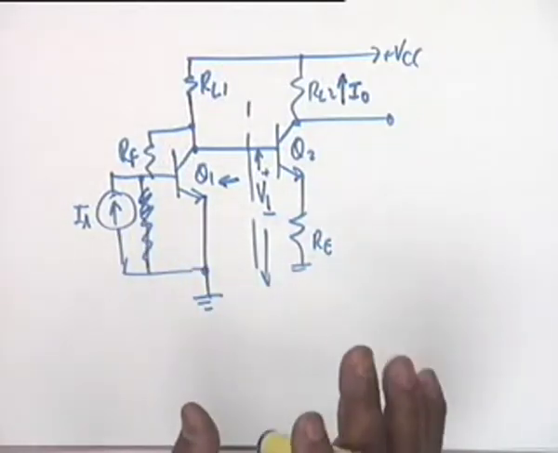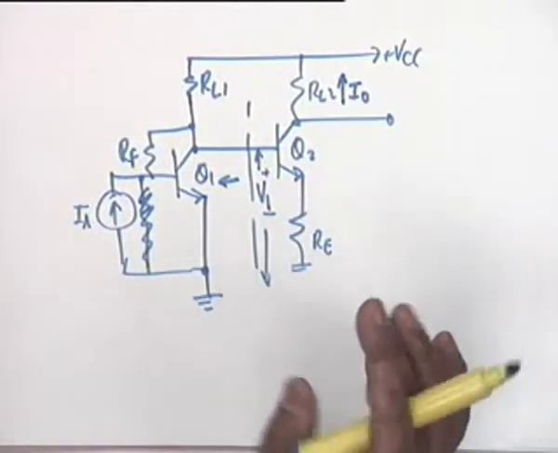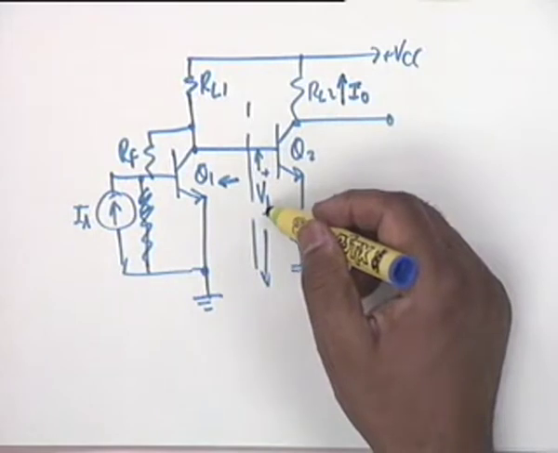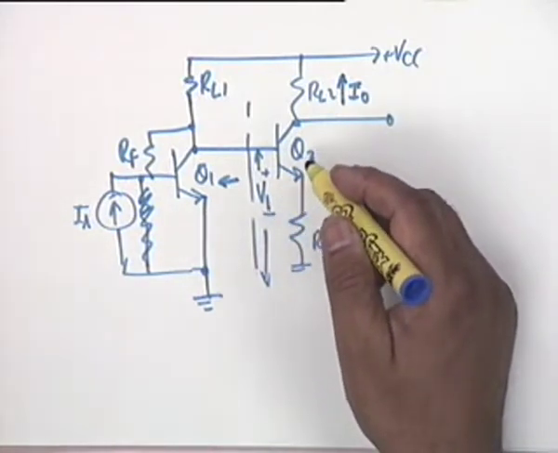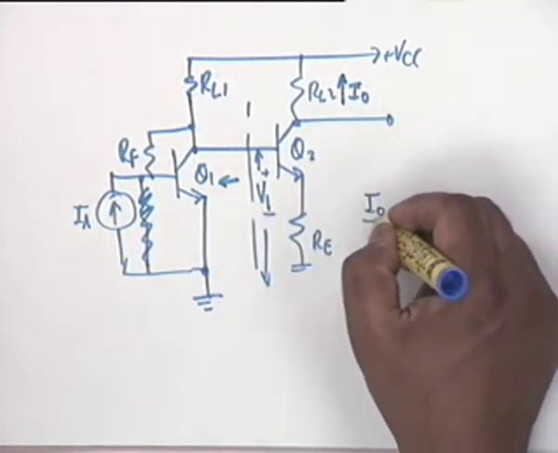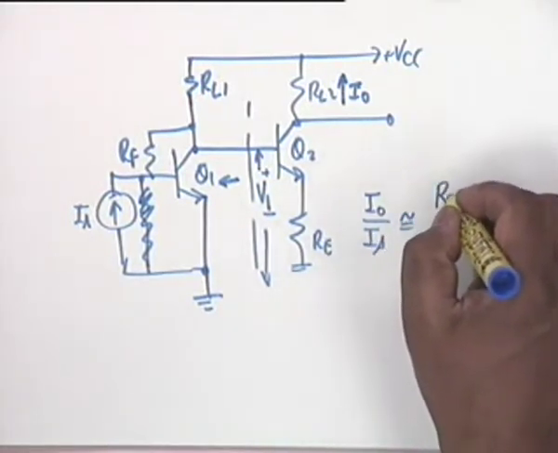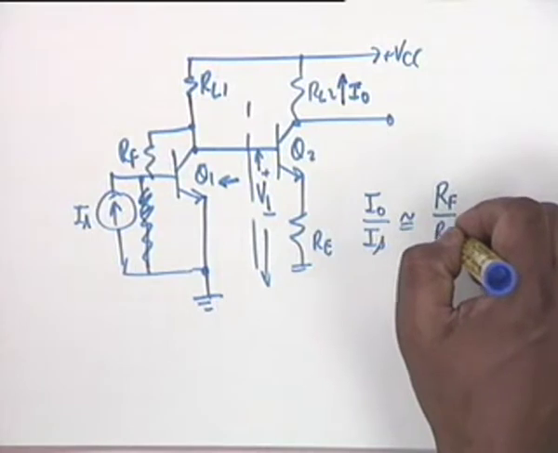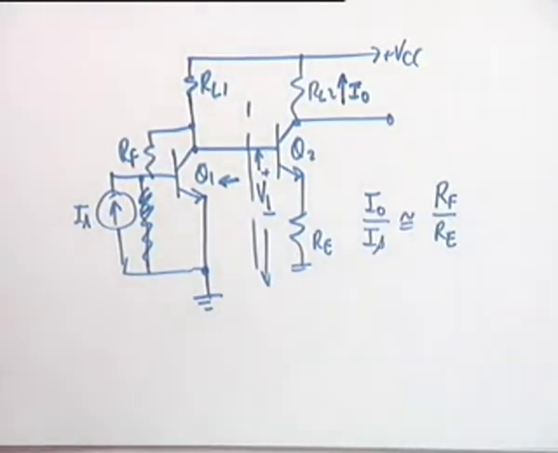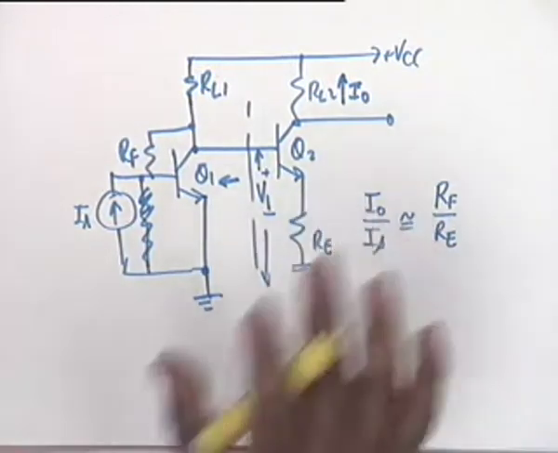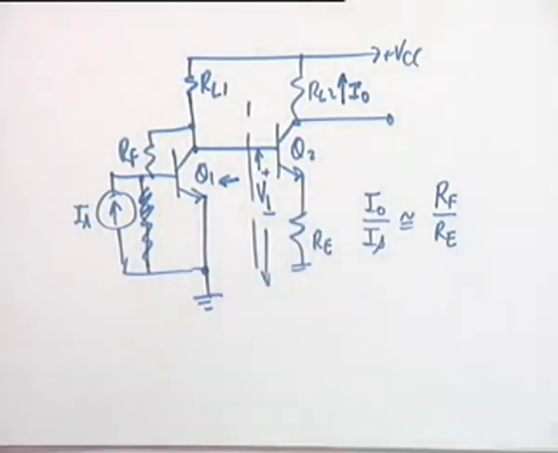If beta is high, V1 by Is would be approximately equal to minus RF, and I0 by V1 would be approximately equal to minus 1 by RE, and therefore I0 by Is at midband would be approximately equal to RF divided by RE. Once again, the current gain is controlled by two external resistors, and here also one can find out the effective cutoff frequency.